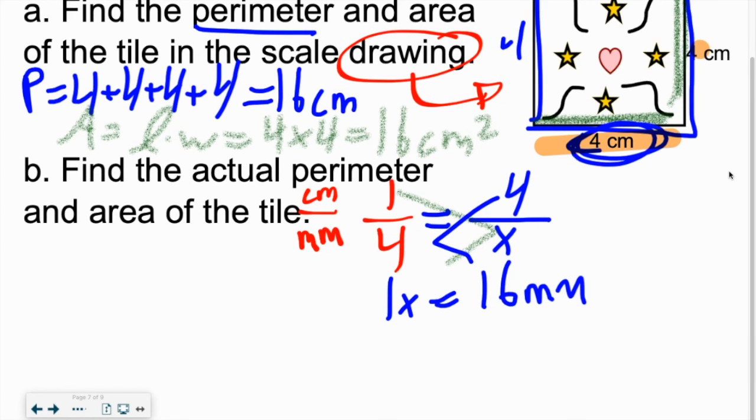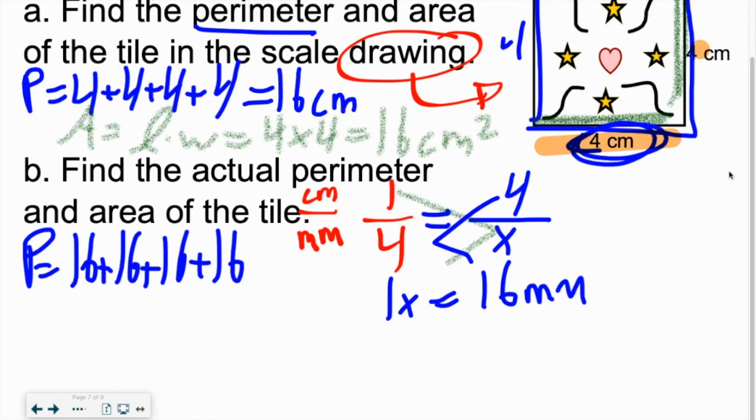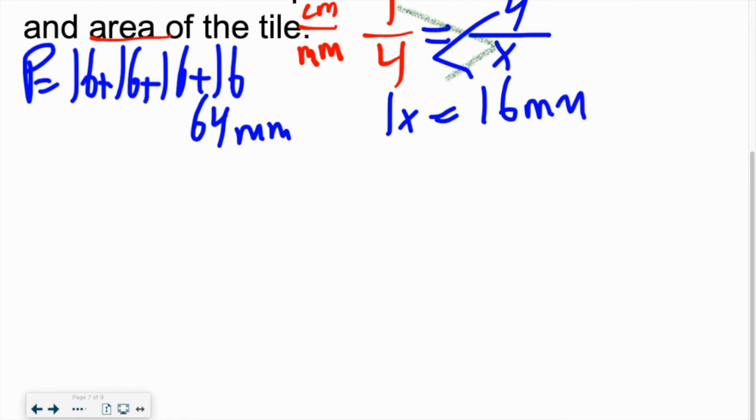So now you can come over here and find the perimeter. It's a square, so all 4 sides are going to be 16 millimeters long. Taking 16 times 4, whatever it is, show me that work, you get the answer 64 millimeters. And now it says also find the area of this actual tile, so A equals length times width.